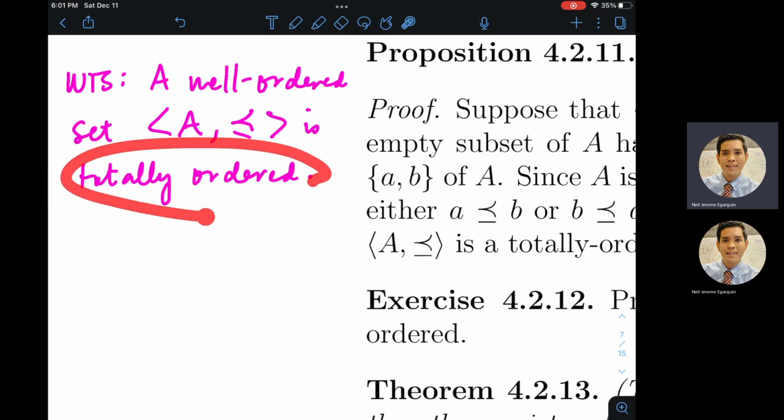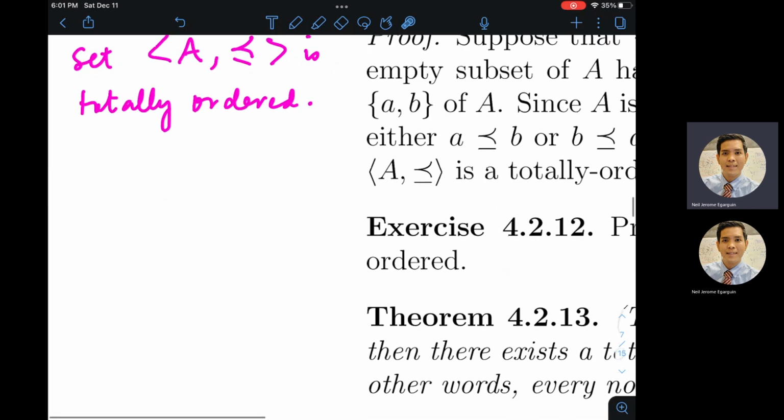All right? At ano yung kailangan para maging totally ordered? A set is totally ordered if every pair of elements in the set are comparable. Pag kumuha ko ng dalawang elements ni capital A, dapat silang dalawa ay comparable. Ibig sabihin, one precedes the other or vice versa. All right. Now that's what we want to show.